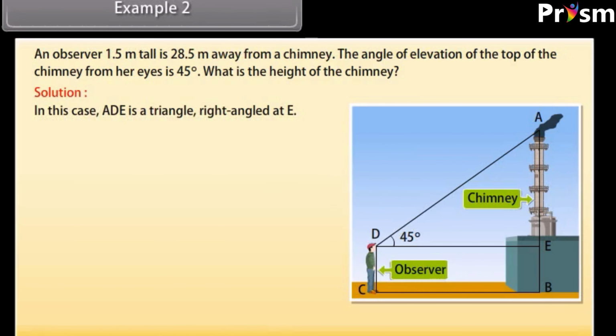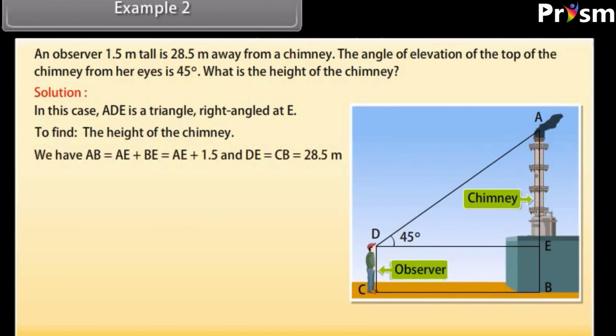In this case, ADE is a triangle, right-angled at E, and we are required to find the height of the chimney. We have AB equals AE plus BE equals AE plus 1.5 and DE equals CB equals 28.5 meter.